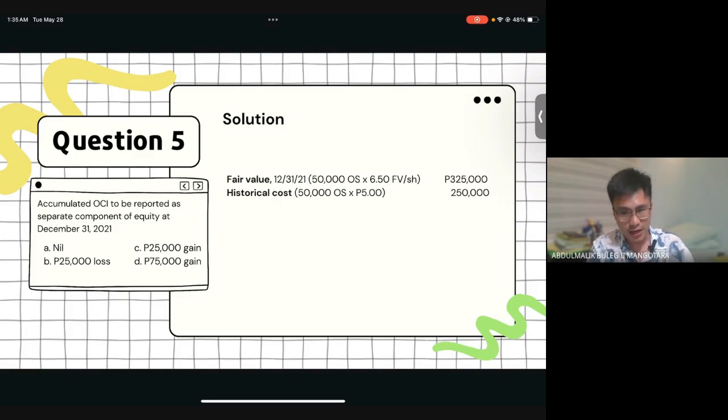Next is the calculation of initial investment cost or your historical cost. So the cost per share is being given in the problem already. The acquired shares is being multiplied by 5 pesos per share, the cost per share on acquisition, January 2, 2020. The product is 250,000. So the difference of them is your unrealized gain or unrealized loss.